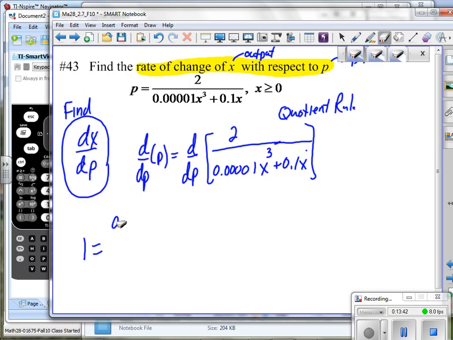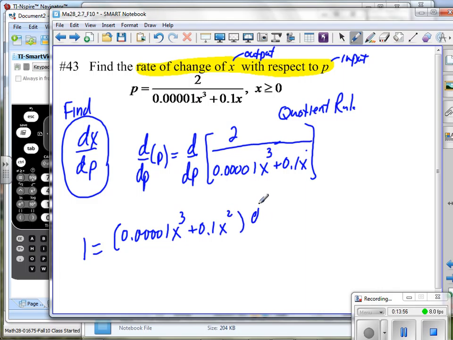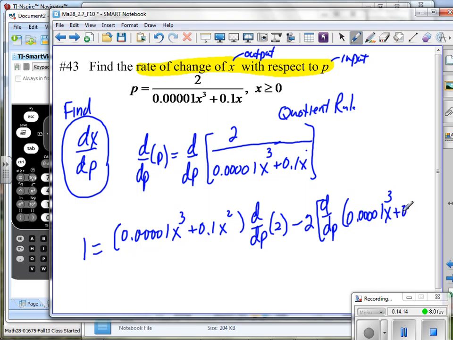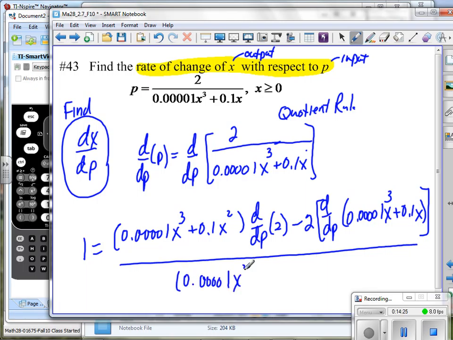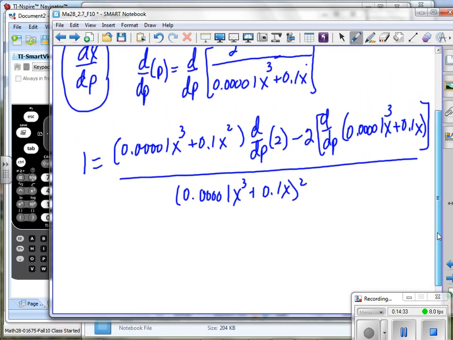So we've got the denominator times the derivative with respect to p of the numerator, minus the numerator times the derivative with respect to p of the denominator, all of that divided by the square of the denominator. Yes?